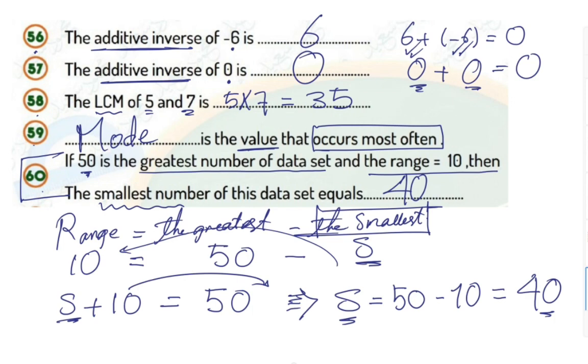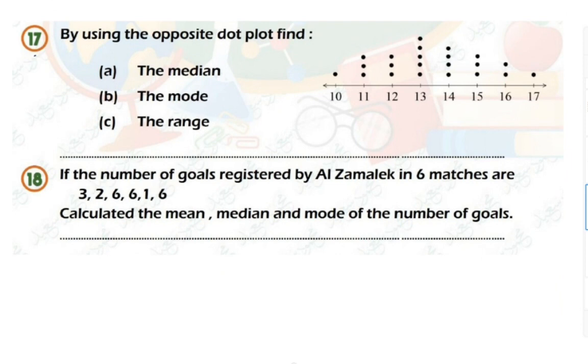Answer the following. The first question of answer the following, he says by using the opposite dot plot, find the median, the mode, and the range. When you have this dot plot and you need to find the median, I will tell you the easiest way.